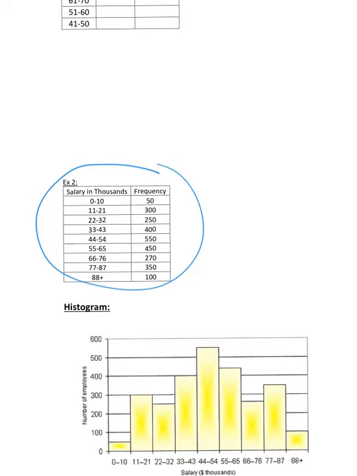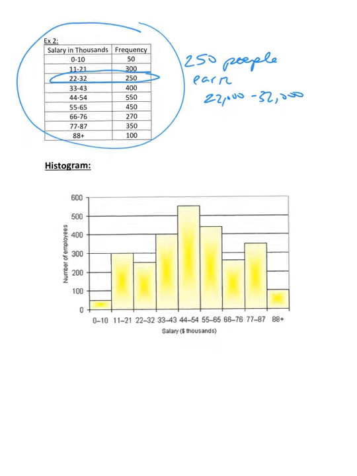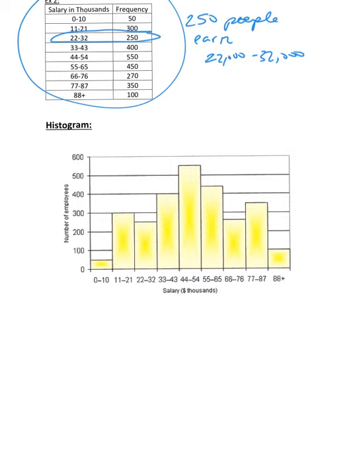So, for example, this row right here says that 250 people, because that's a frequency, earn between $22,000 and $32,000 a year. Now, frequency tables can get graphed into what are called histograms. A histogram is like a bar graph, except that your bars are touching one another.